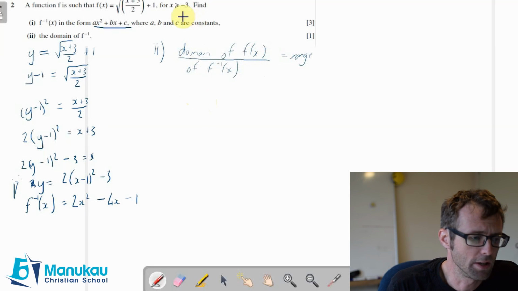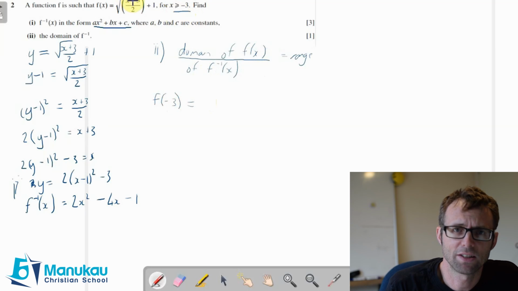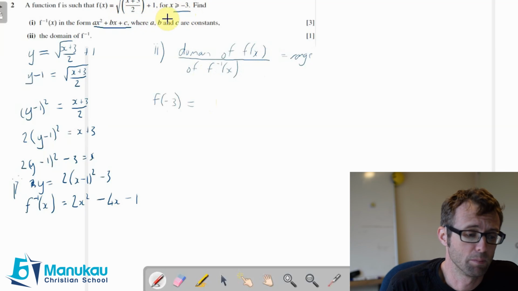We know that the smallest value of x we can put in is minus 3. So let's do f of minus 3. Minus 3 plus 3 is 0, so 0 over 2 is 0, square root of 0 is 0, plus 1 is 1. So at that point we're at 1.